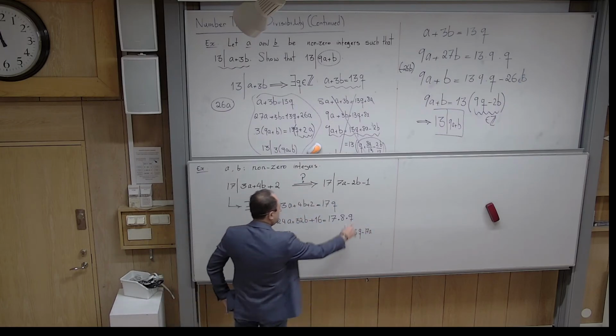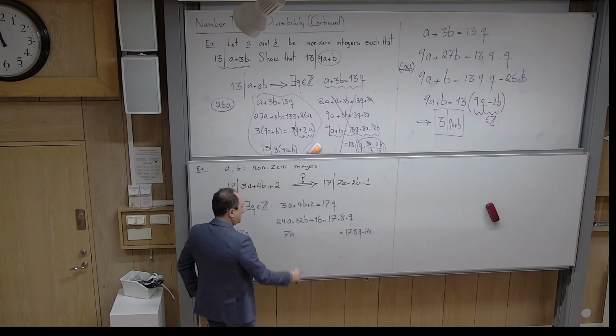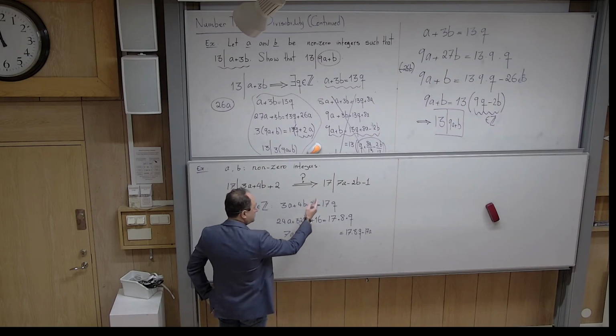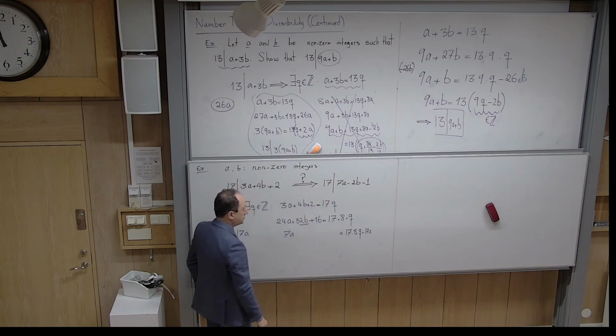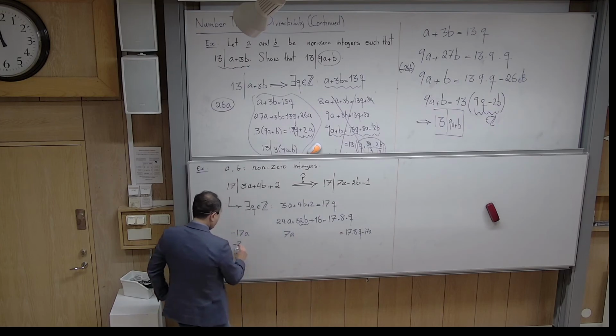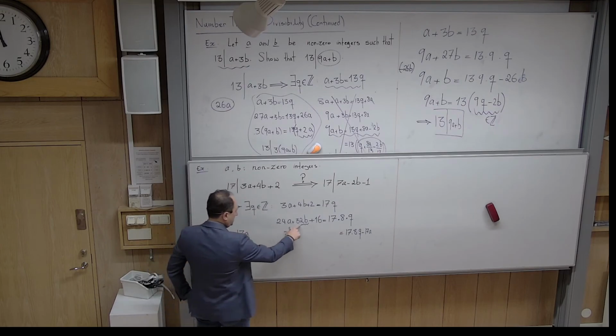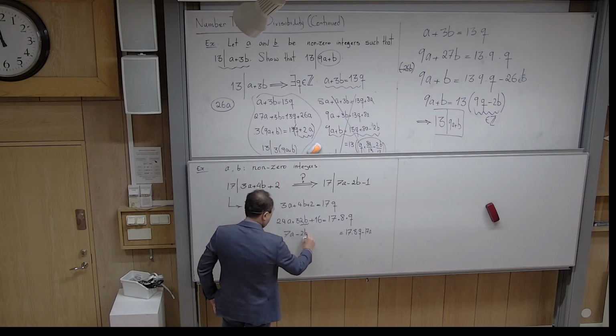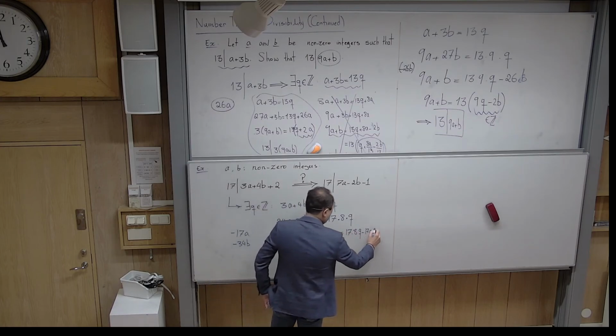But I need minus 2b, and that is unfortunate here. How much do I have? I have 32b. So I have to make it minus 2b. What am I supposed to do? 34. So I subtract 34b, then it becomes minus 2b.